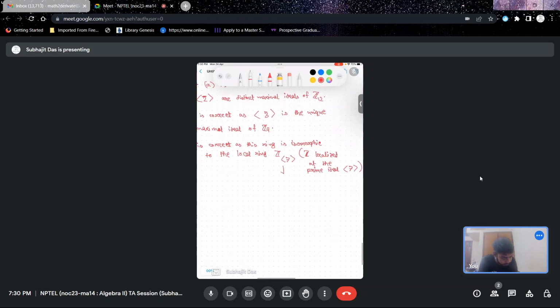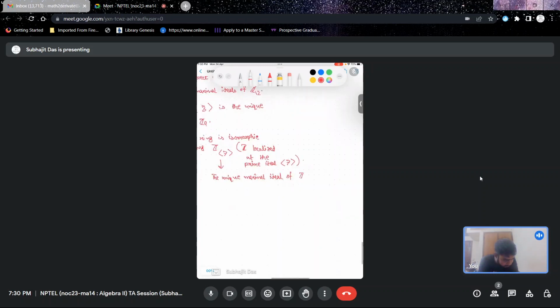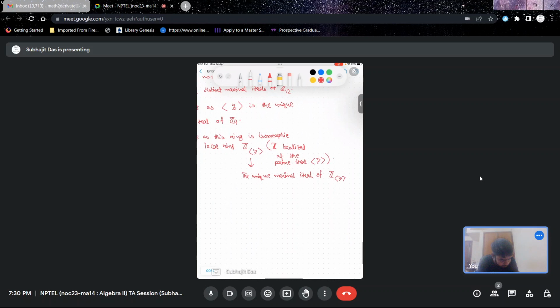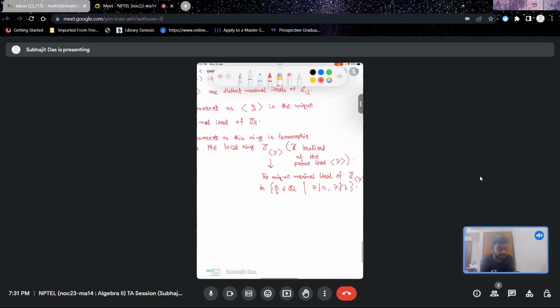So the unique maximal ideal of Z localized at 7 is A over B in Q, such that 7 divides A and 7 doesn't divide B. You can check that this will be the only maximal ideal.